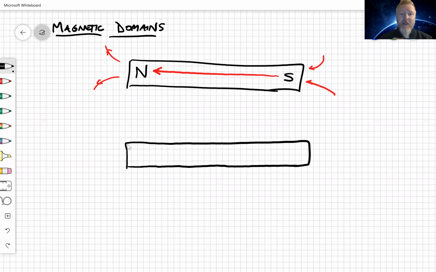So suppose that I have here, so that's a magnet, of course, on the top. This is now a piece of iron, which is not a magnet. Here is not a magnet. What does it look like on the inside? I don't know, probably something like this.